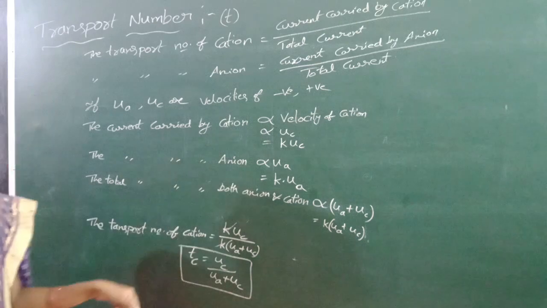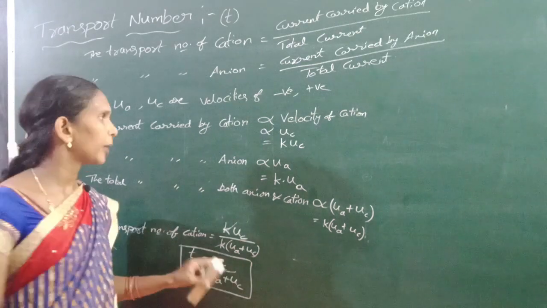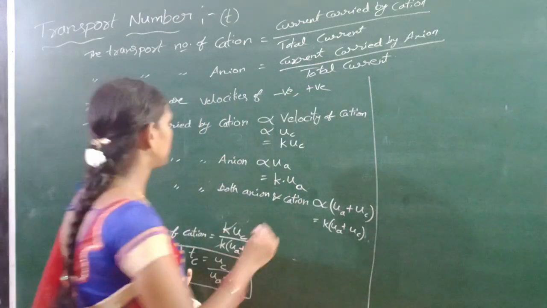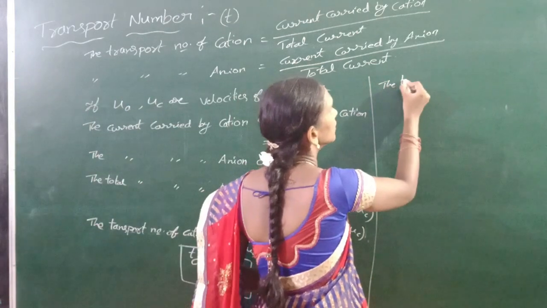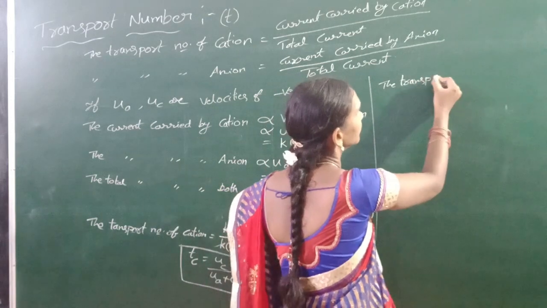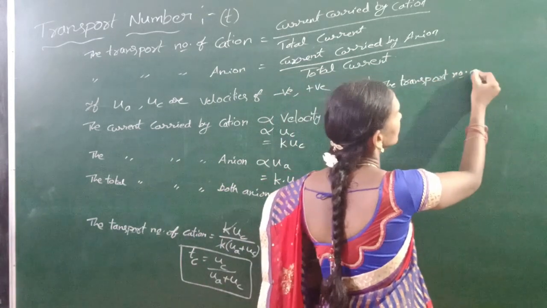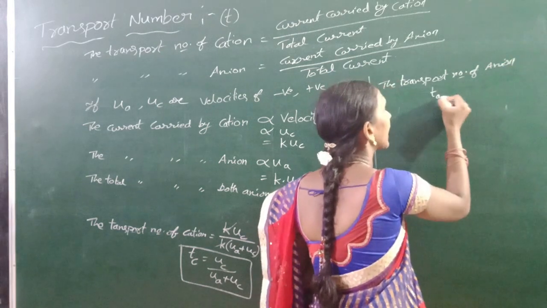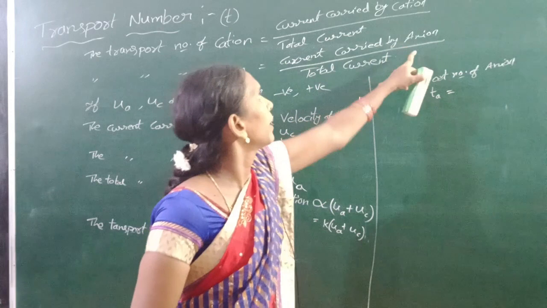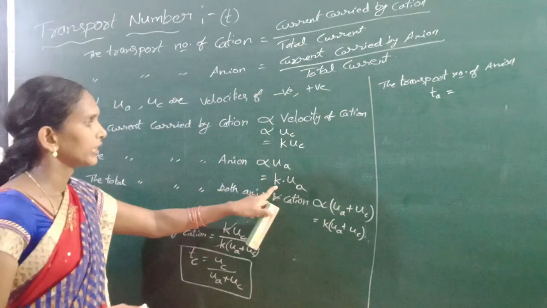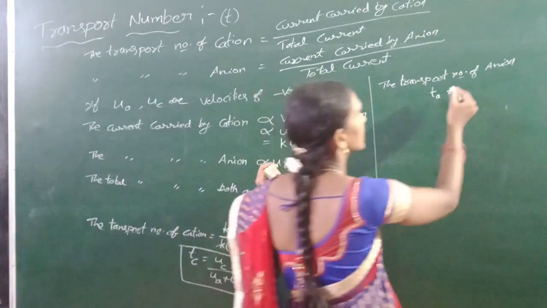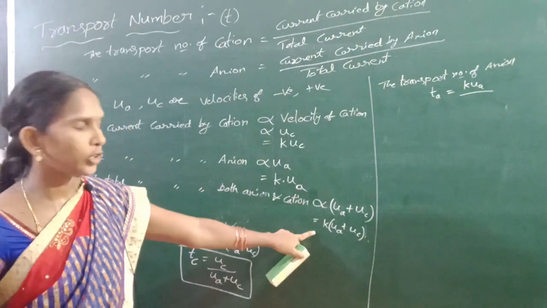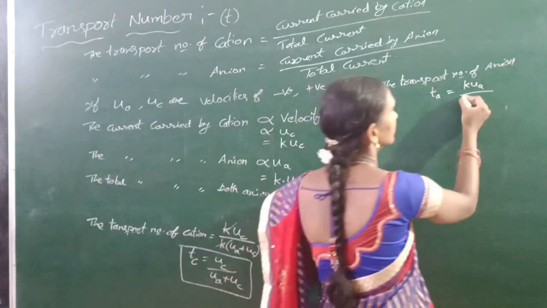In the same way, the transport number of anion, Ta, is equal to current carried by anion, K into UA, by total current, K into UA plus UC.